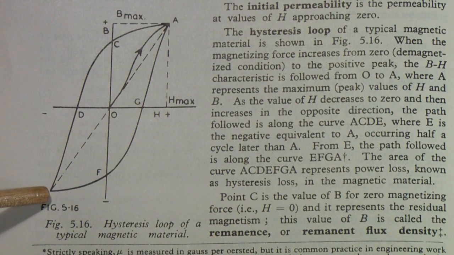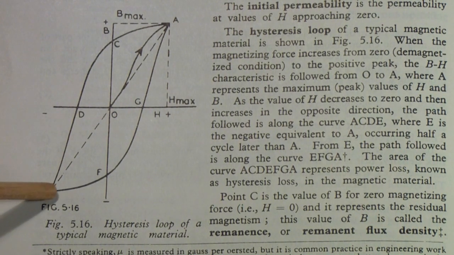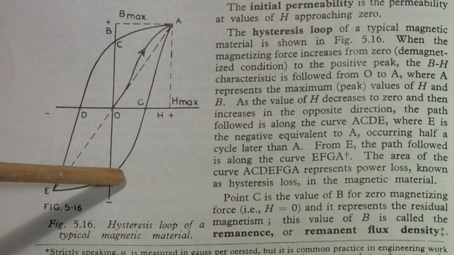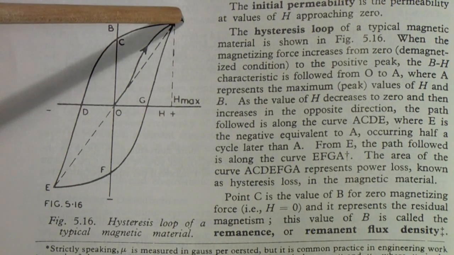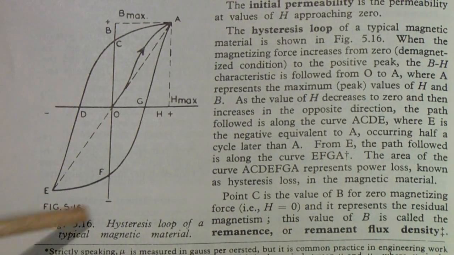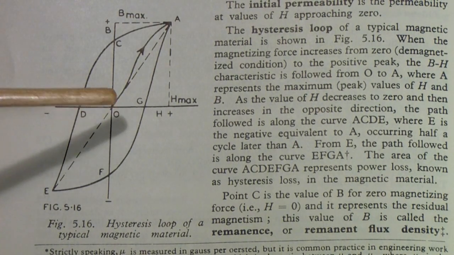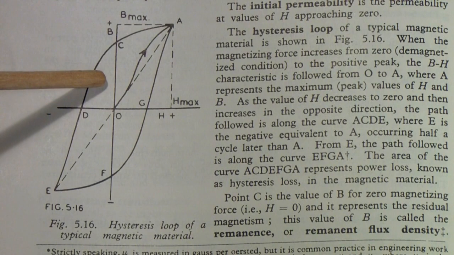And then as you get to maximum negative magnetizing force or maximum negative current, you're at this point, at which time as you increase it, it follows this curve. And obviously this hysteresis loop provides all kinds of distortion in the output transformer.